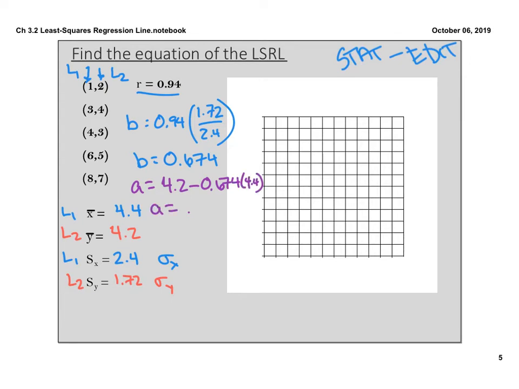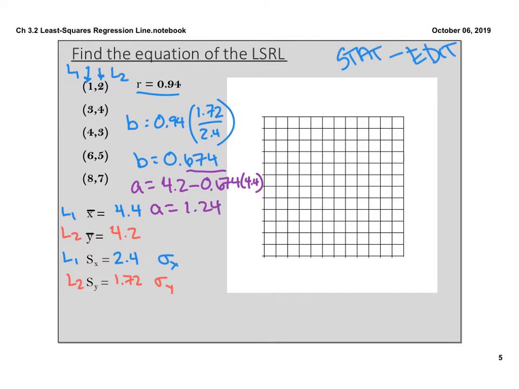So in this case, my A value is 4.2 minus previous answer times, I use the previous answer option in my calculator a whole lot. So even though I rounded this up to 0.674, I actually arrowed up in my calculator and pulled the previous answer. It just makes it a little bit more accurate. So I get a value of 1.24 if I'm going to round there.